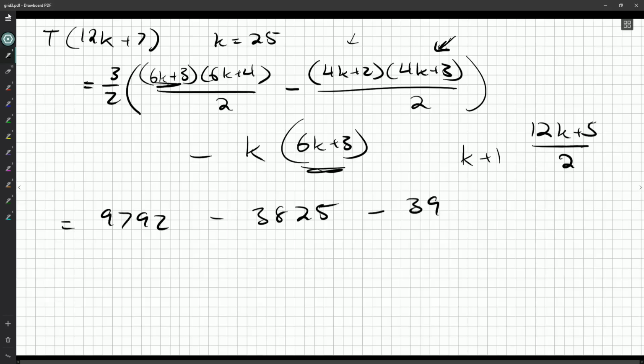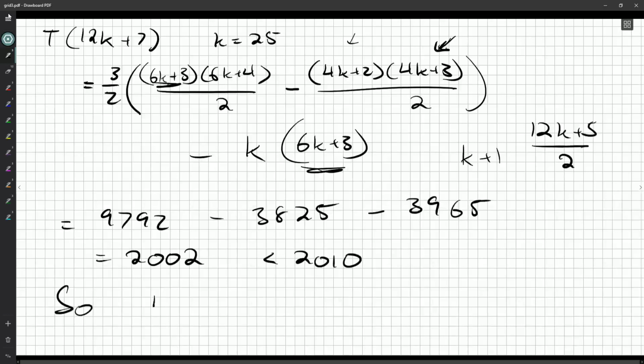So that'll be 3965. So 9792 minus 3825 minus 3965. And we get 2002, which is less than 2010.